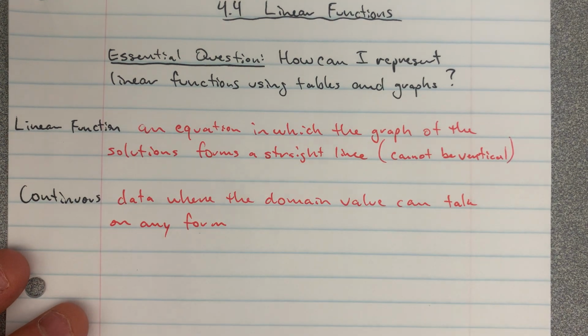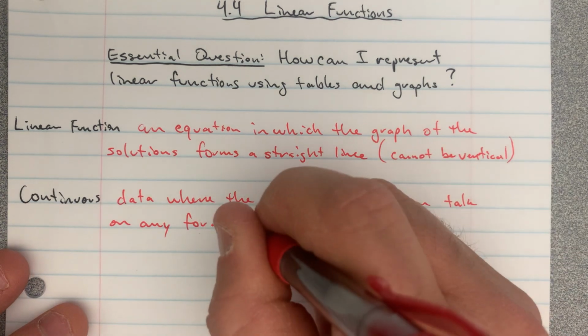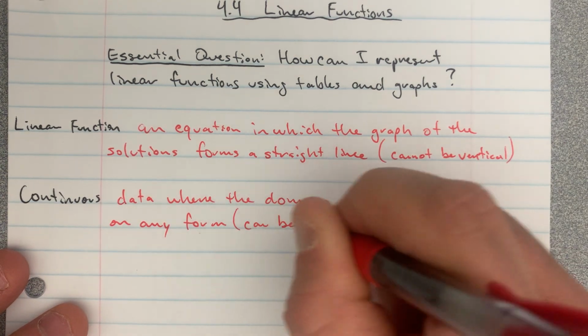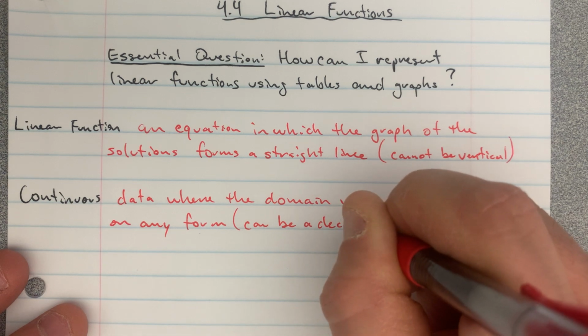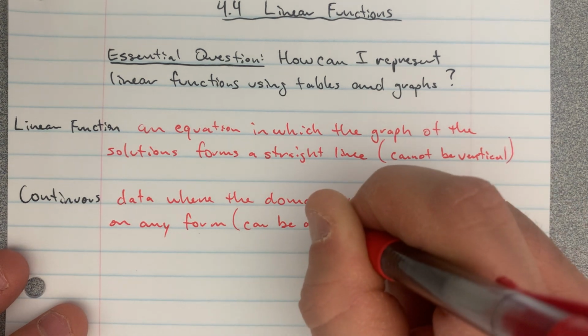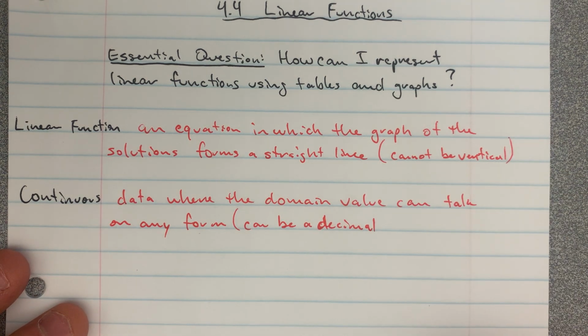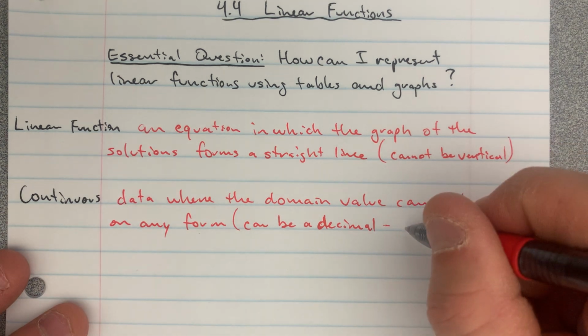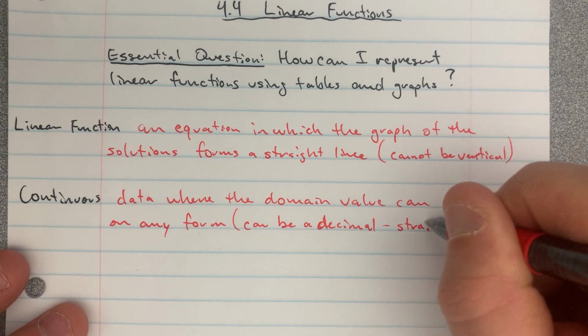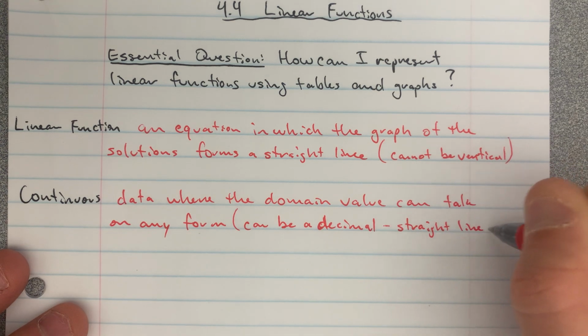And what that means is it can be a decimal. And when we have this information, it's a straight line on the graph.